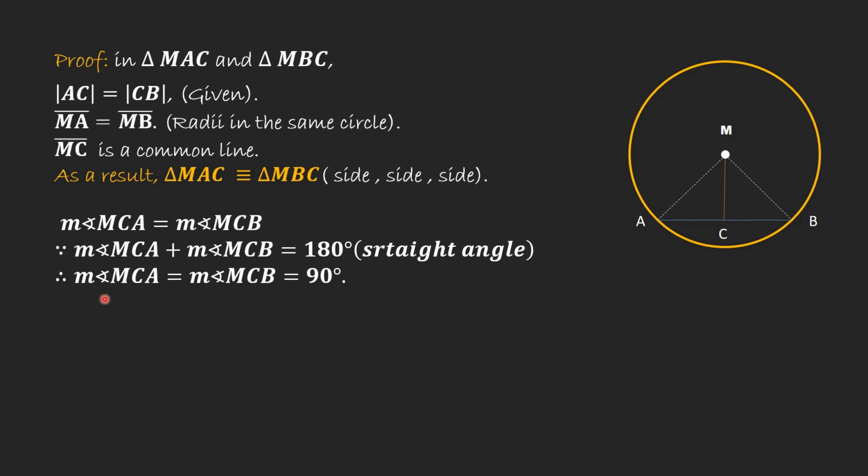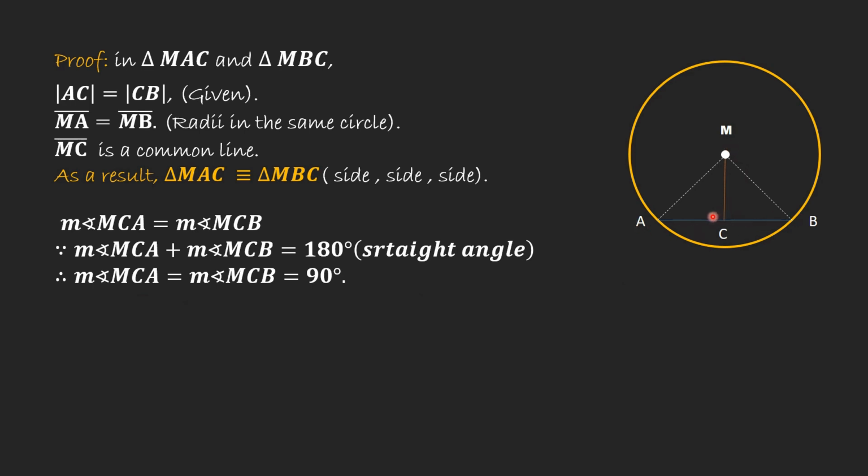And we know that these two angles are equal, right? And together they equal 180. So how much should one of them equal? We should divide 180 by 2 to give them the exact same measurement, right? So they should be 90. So the measurement of the angle MCA will equal 90 and MCB will equal 90.